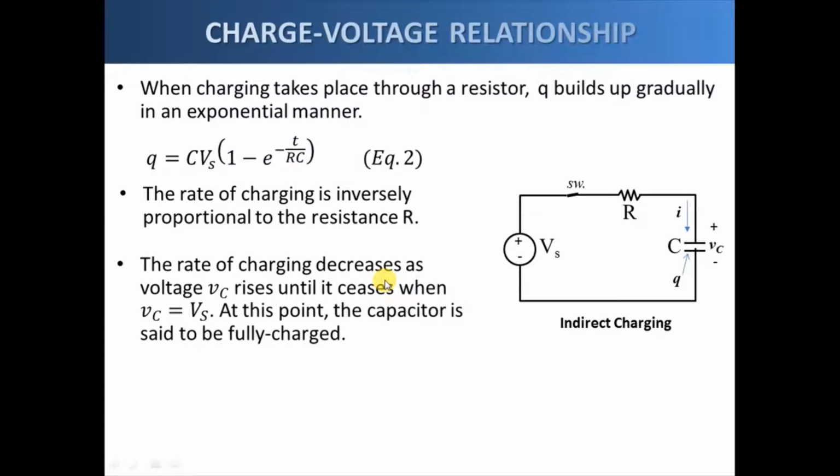Now the rate of charging decreases as the voltage across the capacitor rises until it ceases when the voltage across the capacitor equals the charging voltage. So once charging stops, we say that the capacitor is fully charged.